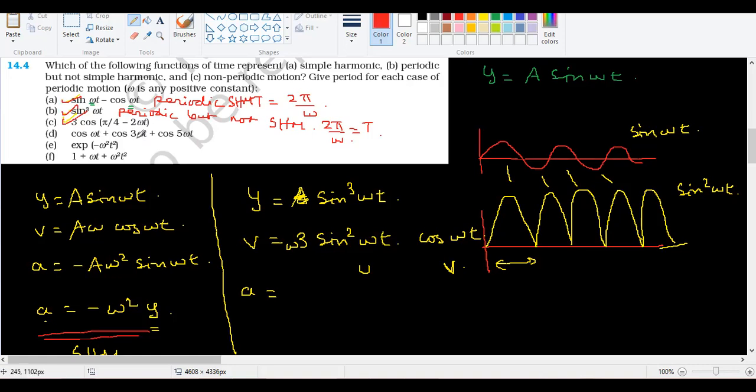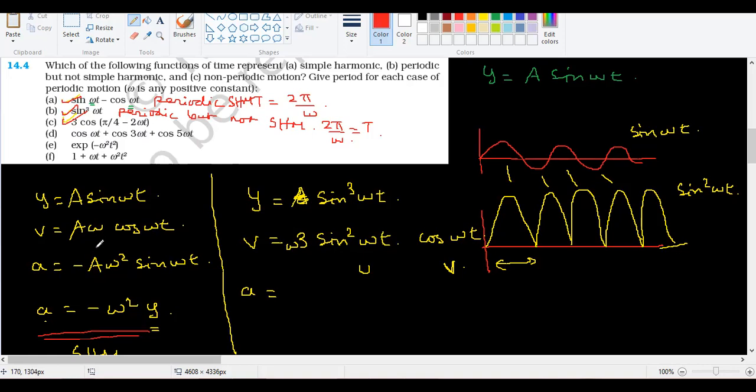Okay, write this. Again, as I told you, you have to really do the differentiation 2 times to find whether acceleration can be written in terms of displacement. So only if you are able to write this, you will be able to call it simple harmonic motion.